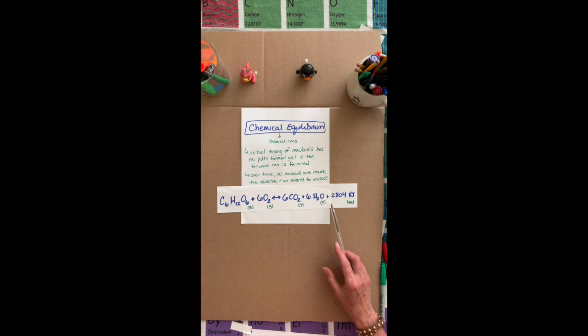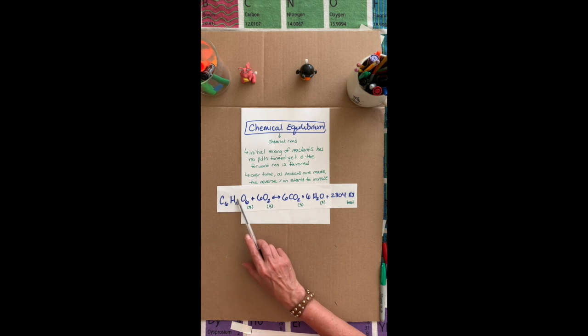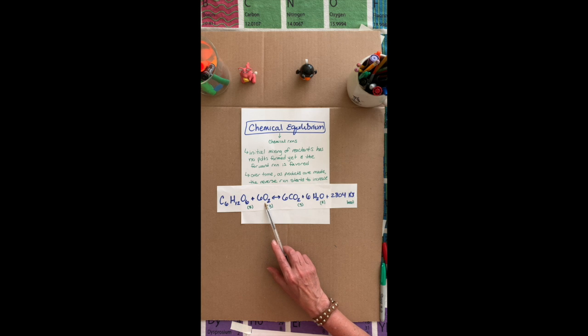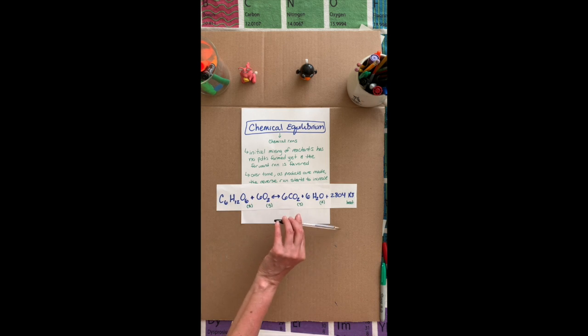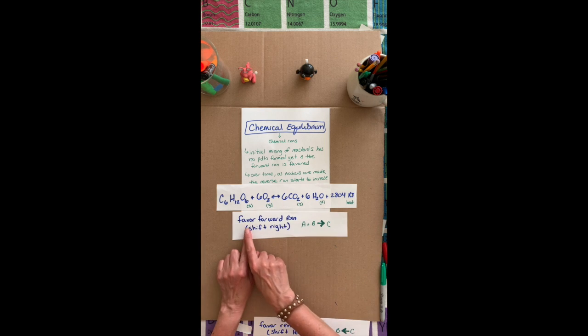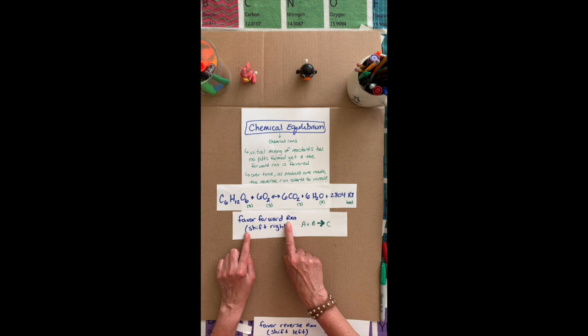When we first start this reaction, you only have glucose and oxygen. There are no products in the beginning. So this initial mixing favors the forward reaction. And we can show it here too. We favor the forward reaction.